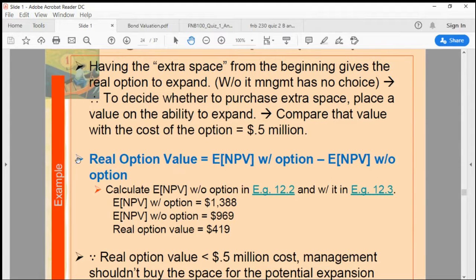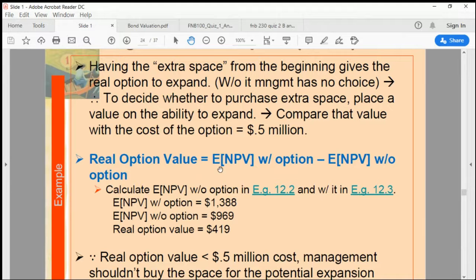So then, what is the option's value? What's the real option value? It's the expected net present value with the option minus the expected net present value without the option. Without the option, we know it from example 12.2, and 12.2 was just no expansion, right?